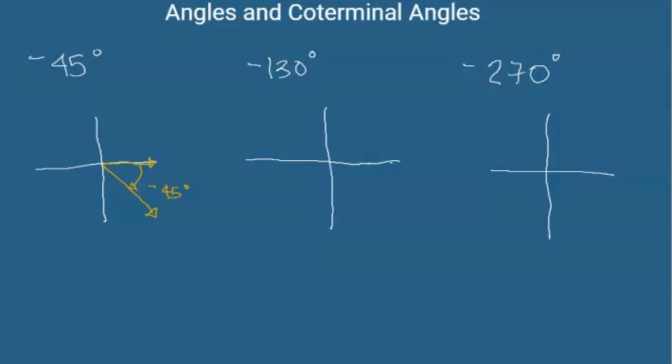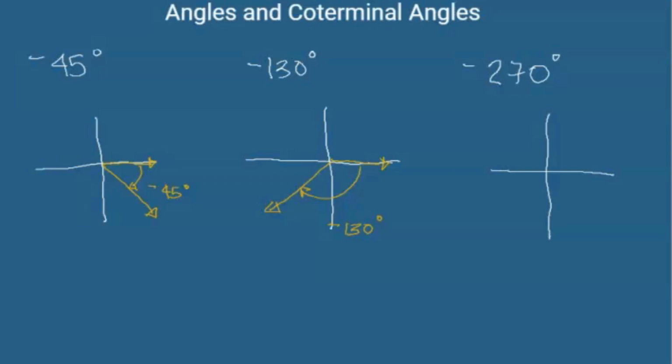For negative 130 degrees, so initial side here, and negative 130 is on the second quadrant. So could be this one. So this is negative 130 degrees, clockwise direction.